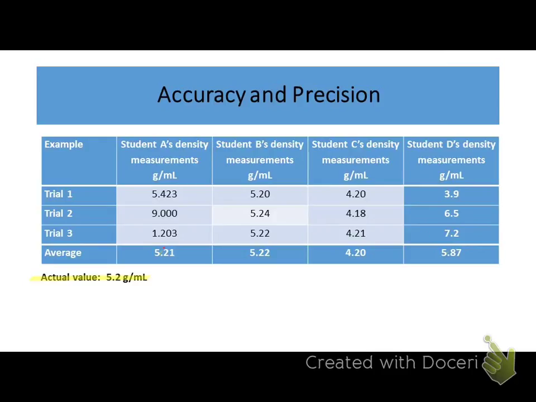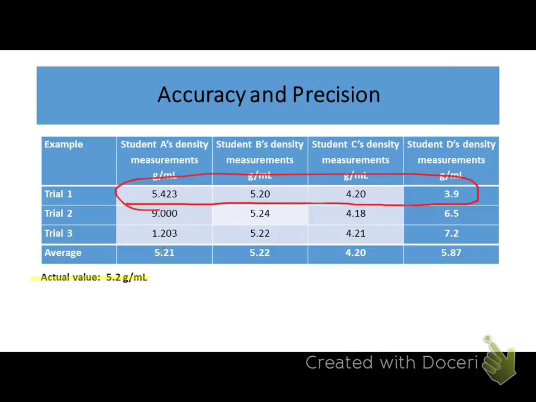Alright, so now we're going to look at trial 1 for all 4 of these students. Out of those 4 data points for these 4 students, which student has the best precision in a single data point?